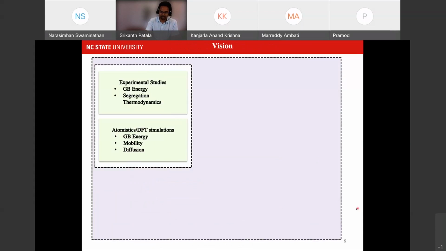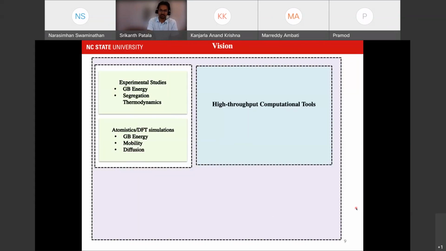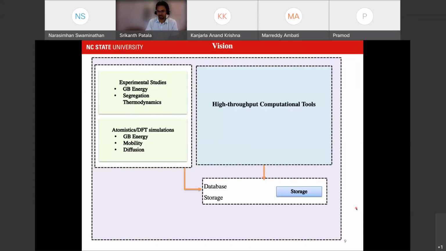All right, so again, very quickly, just going through the vision of this project. We want to take the experimental studies that have been done on interface grain boundary properties and combine them with atomistic simulations. And to do so, we need these high throughput computational tools.